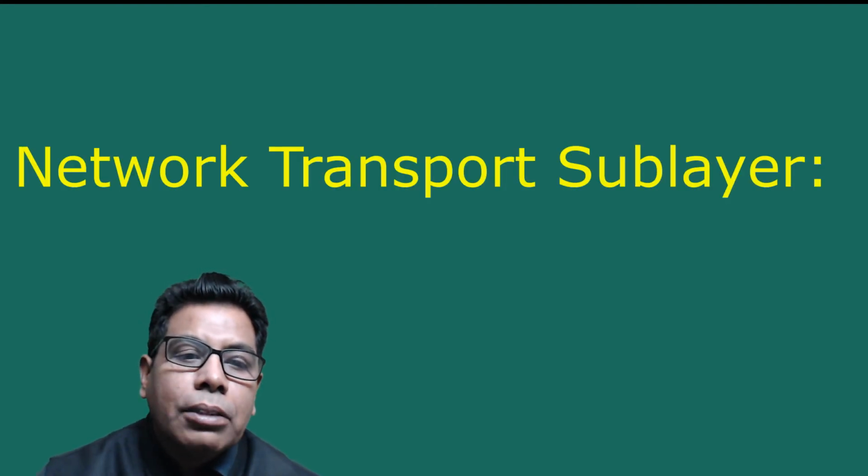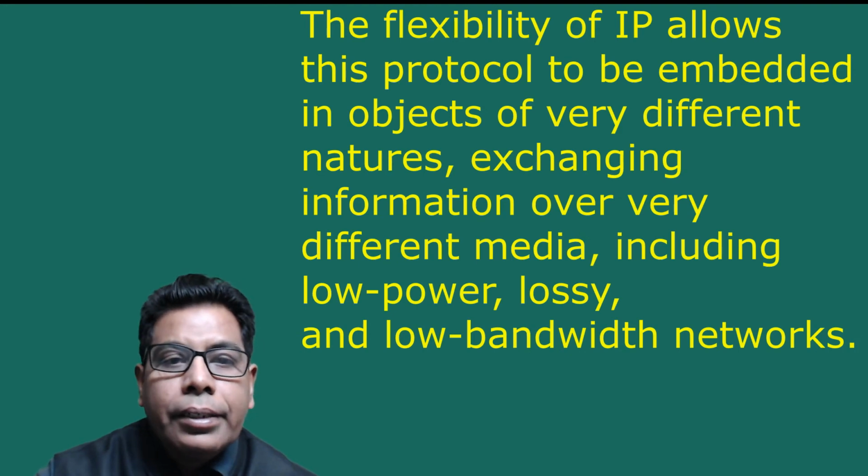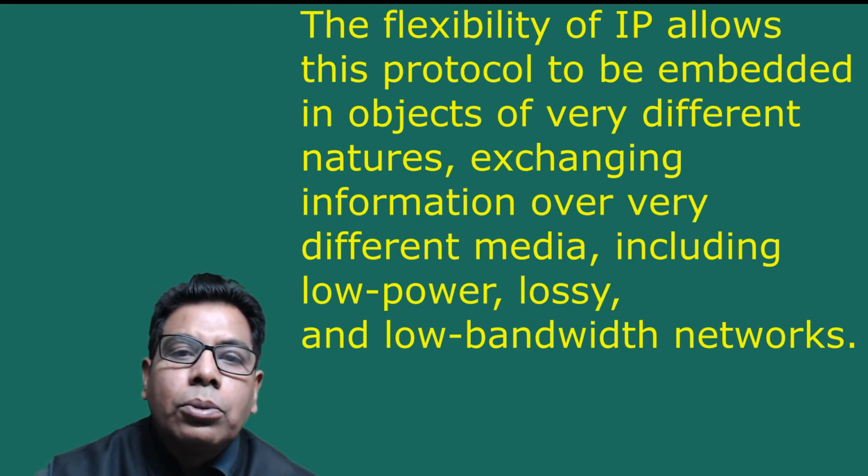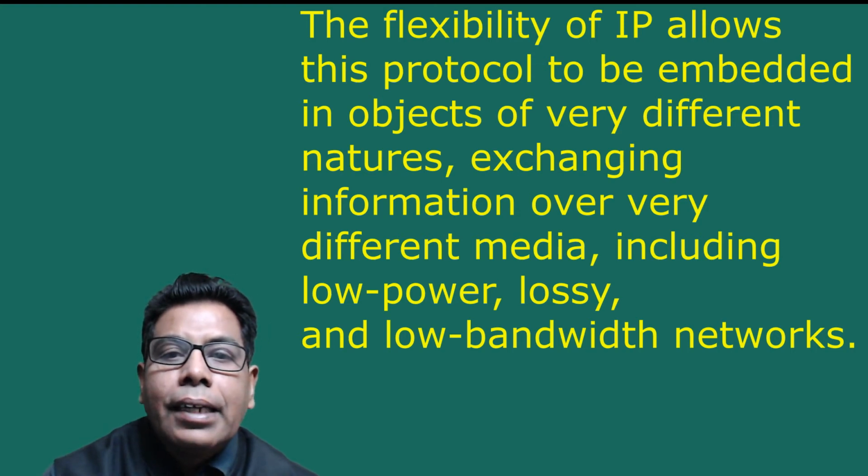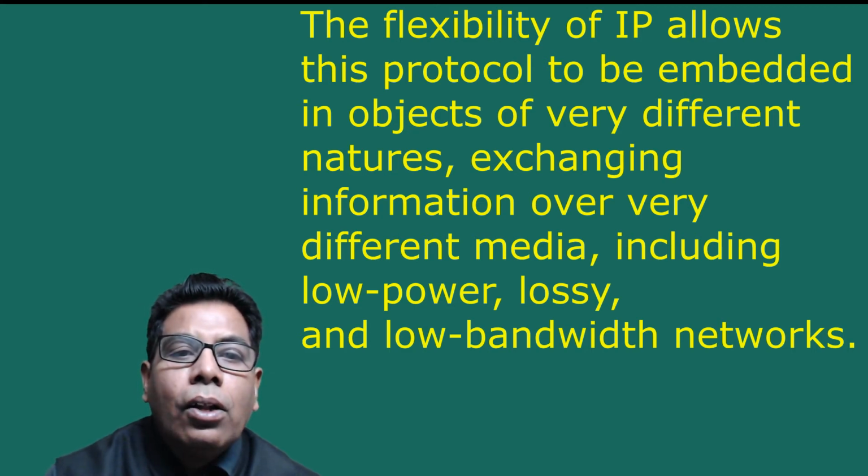Then let us go to the next sublayer, the network transport sublayer. The flexibility of Internet Protocol allows this protocol to be embedded in objects of very different natures, exchanging information over very different media, including low power, lossy, and low bandwidth networks.